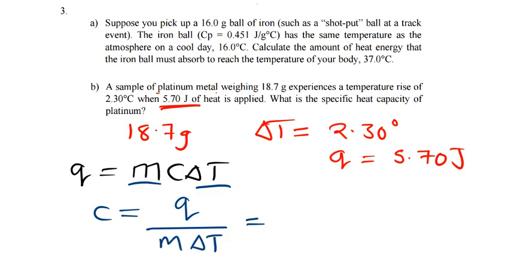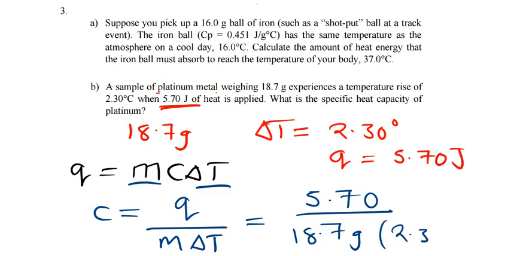Okay, so our heat energy is 5.70 joules. Our mass is 8.7 grams. Our change in temperature was 2.3 degrees Celsius. Okay, and then that is on top, that is in joules.